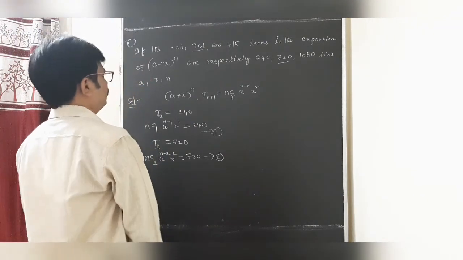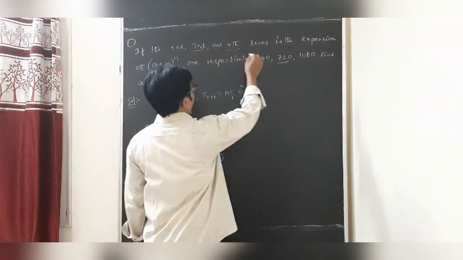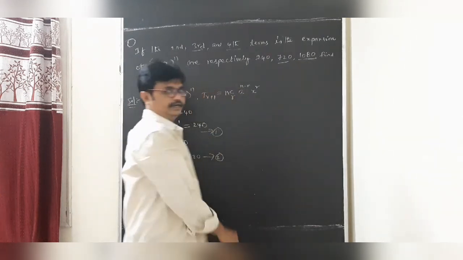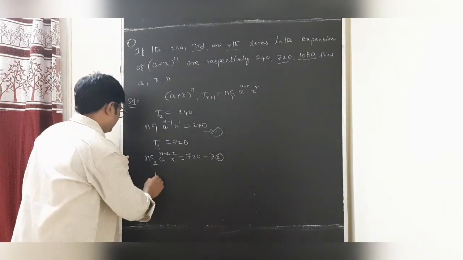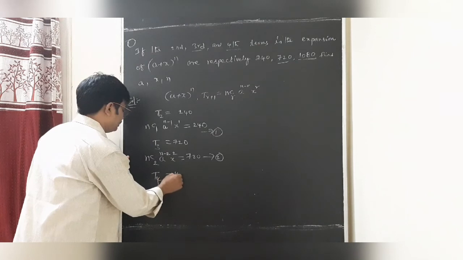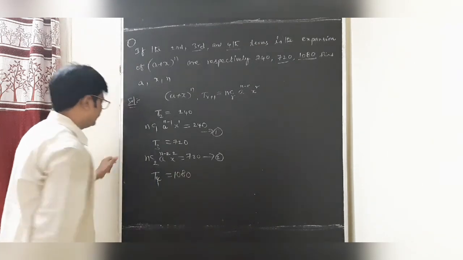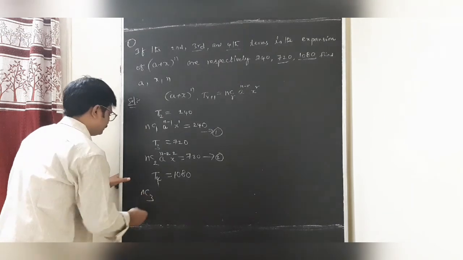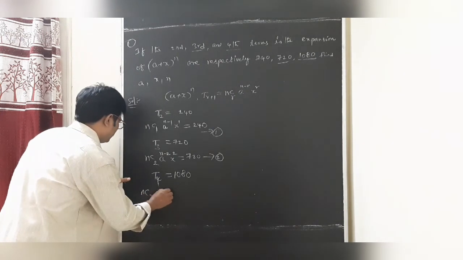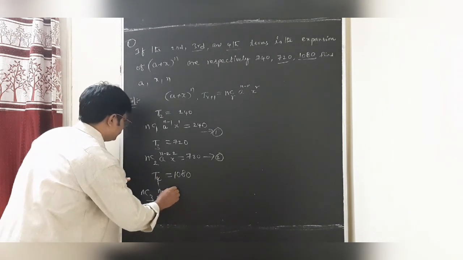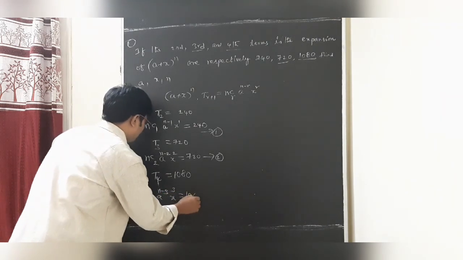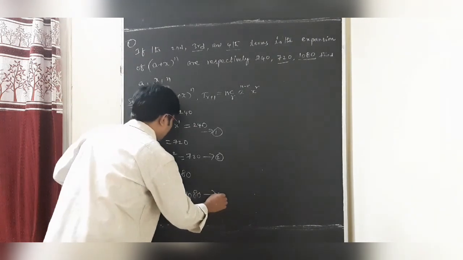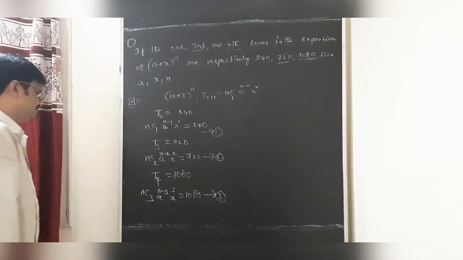Now students, the fourth term is 1080. That is nC3 a^(n-3) x^3 equal to 1080. That will be equation 3.